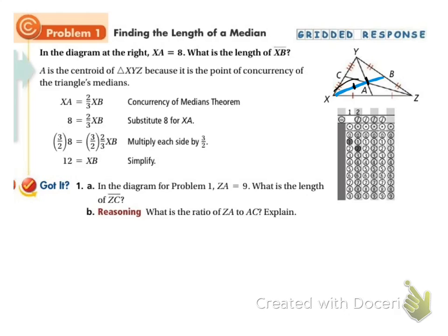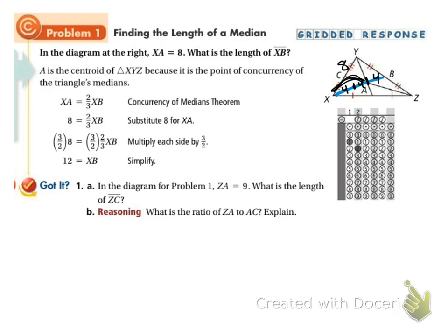And I know this whole piece here is 8. So then what does that make 1/3? I've got 2/3. So if I split it in half, this must be 4 and this must be 4. And since these are thirds, this one also must be 4. You could also use the equation like they do here, that XA is equal to 2/3 of XB.